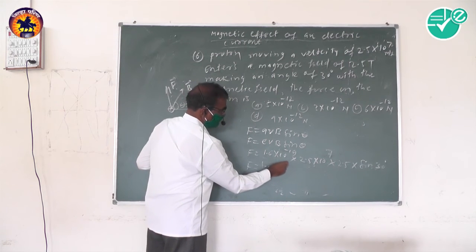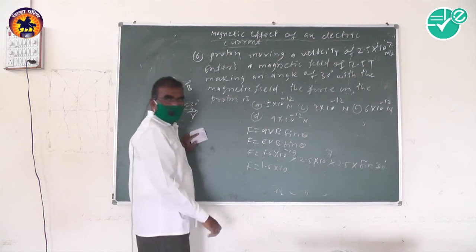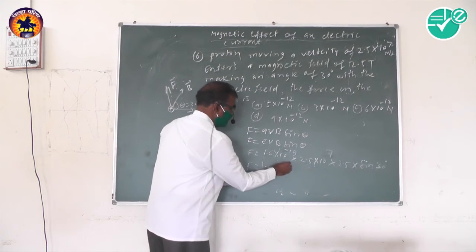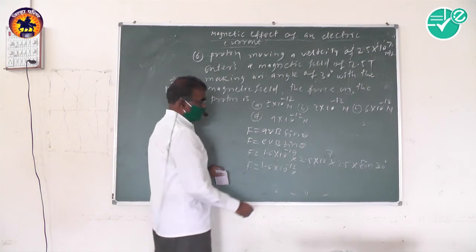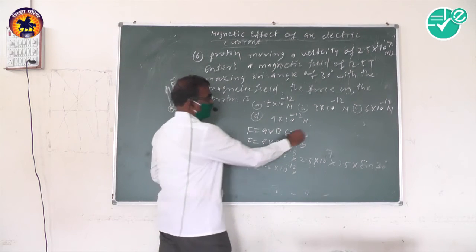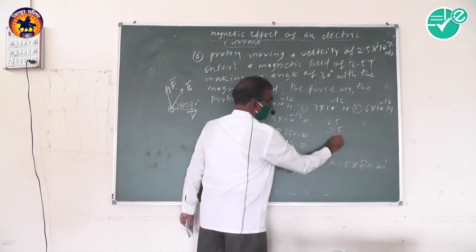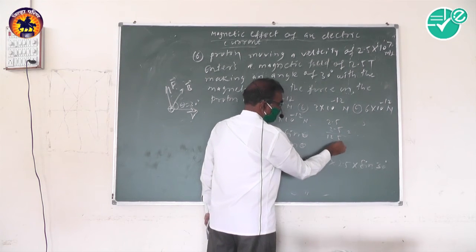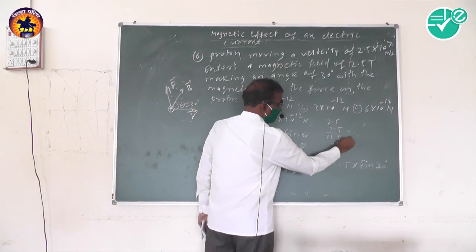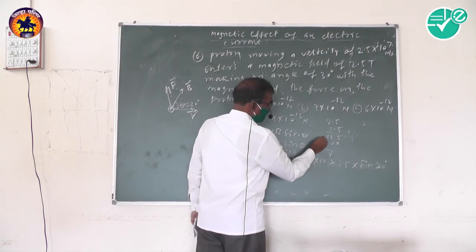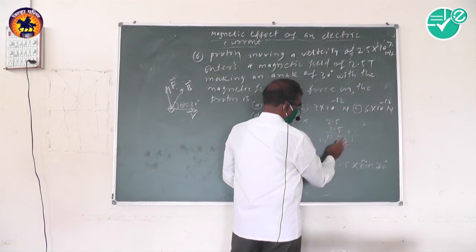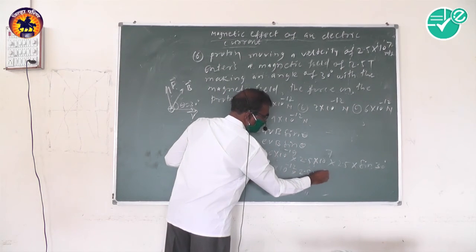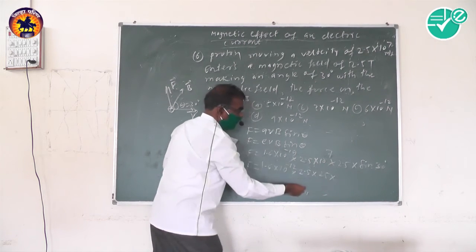So F equals 1.6 into 10 raised to minus 19 times 10 raised to 7 times 2.5 times 2.5 times sin 30, which gives 10 raised to minus 12 into 2.5 into 2.5. The value of sin 30 is half.